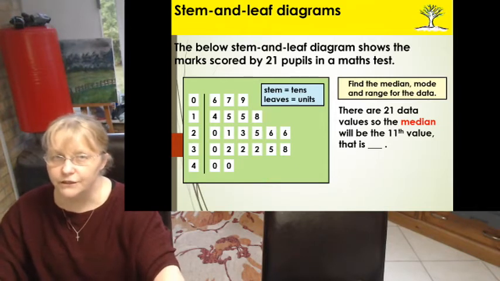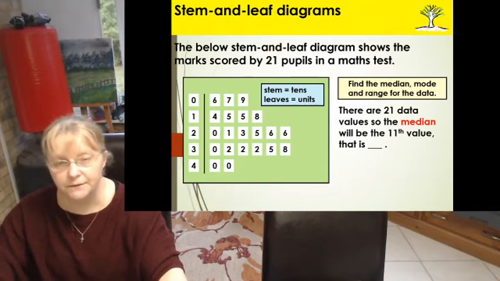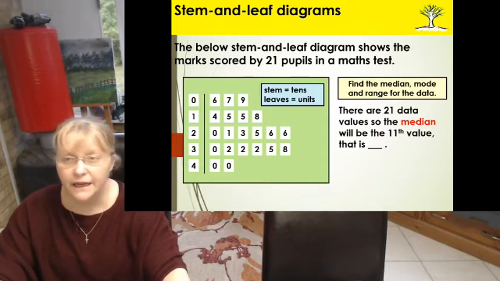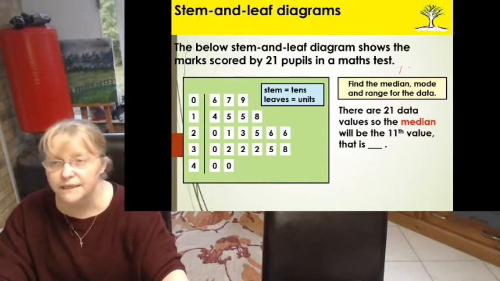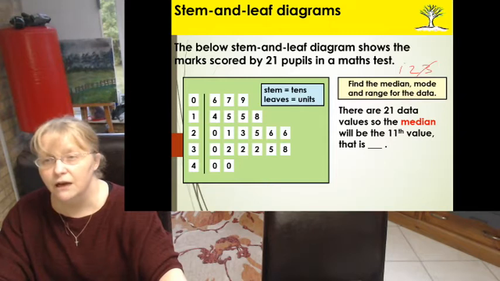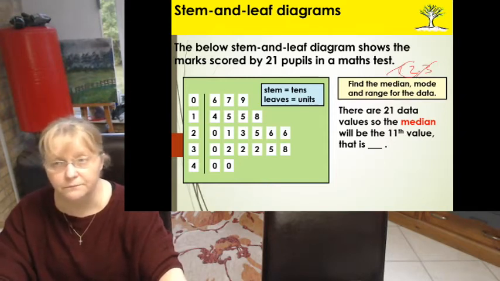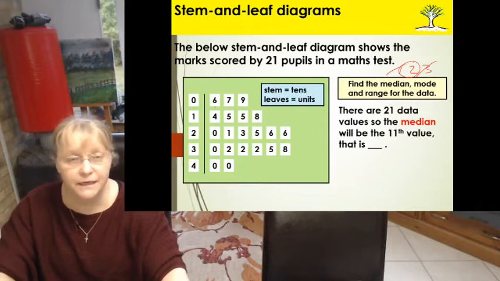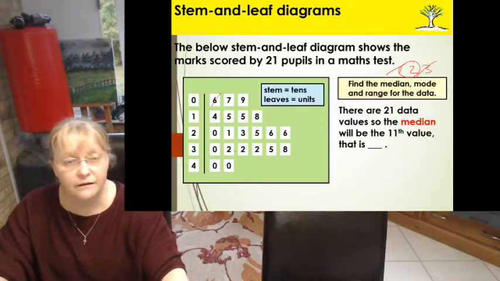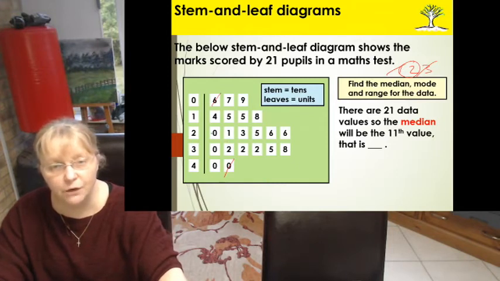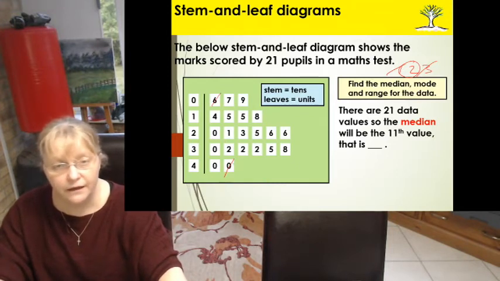Now, the median. I'm going to show you two different ways how to find the median. The first way is by going, okay, if I did what's the median between 1, 2 and 3, I'll cross off at either end and I'm left with the one in the middle. You can do that for stem and leaf by crossing off here and here. The only thing is you have to make sure that you go from lowest this way and highest this way.